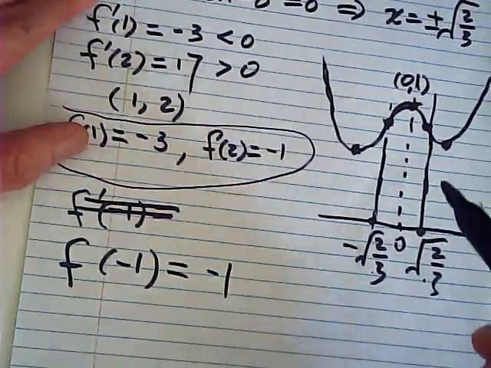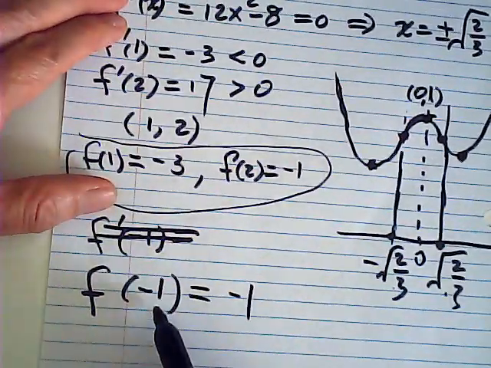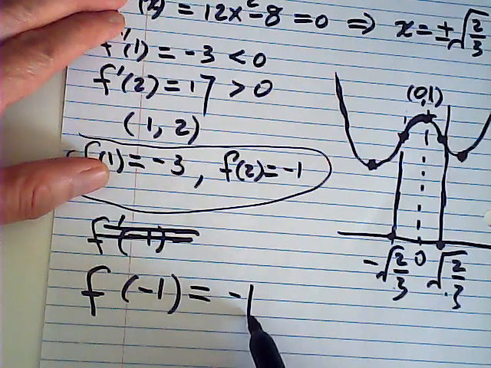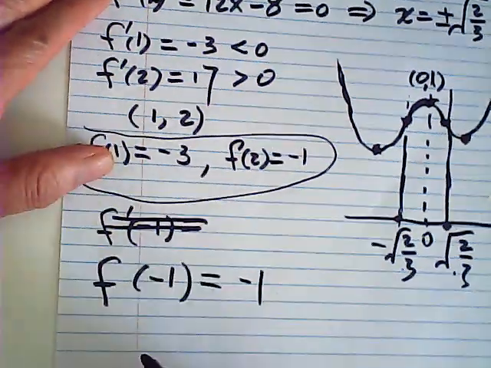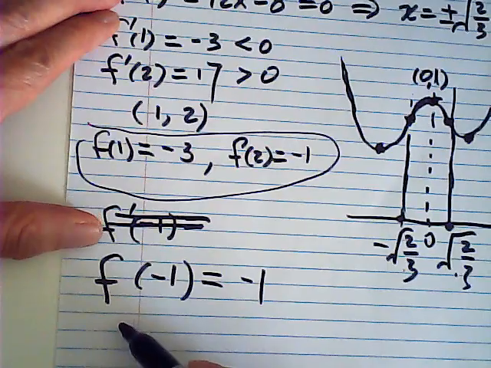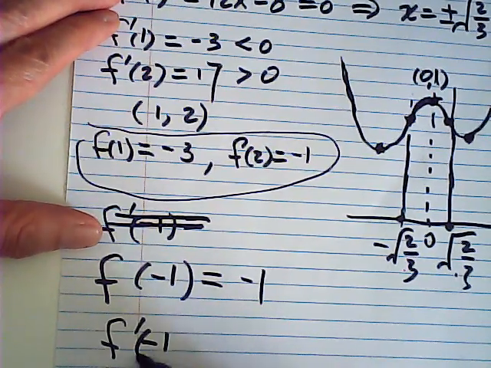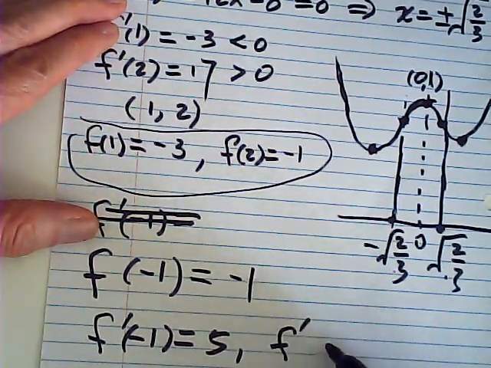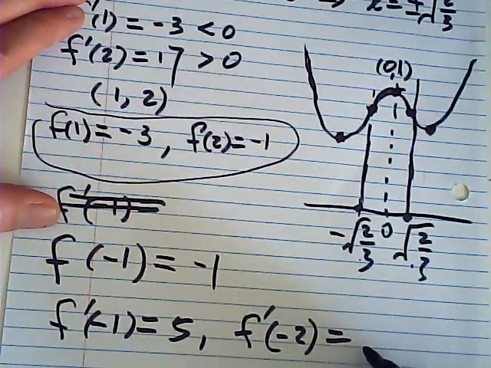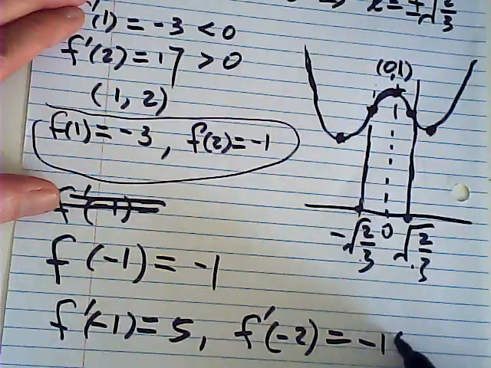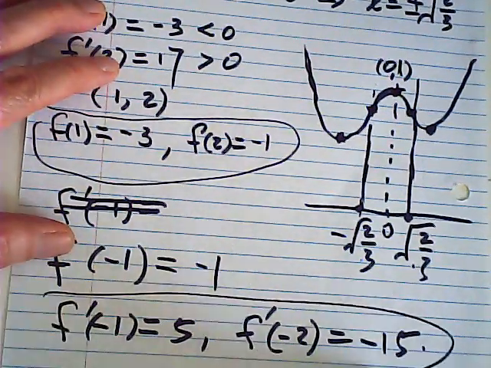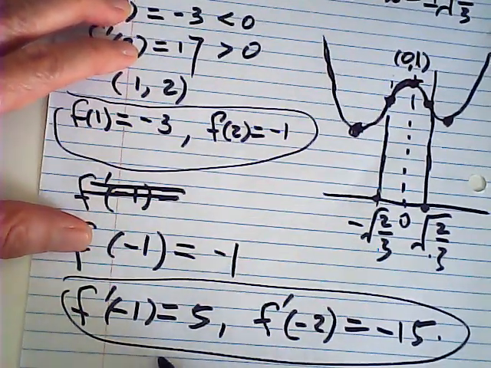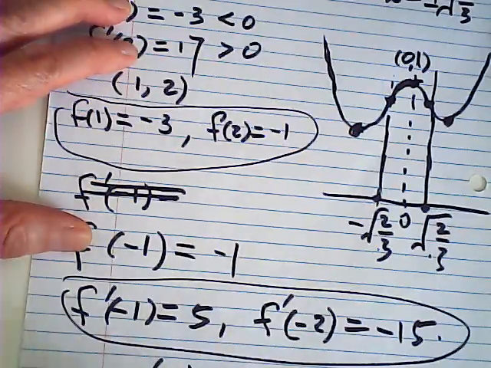Which means that the function value at -1 is negative. But the minimum point is what? For the minimum point, f prime of -1 is 5. f prime of -2 is -15. From these two, I know that this point is between -1 and -2.